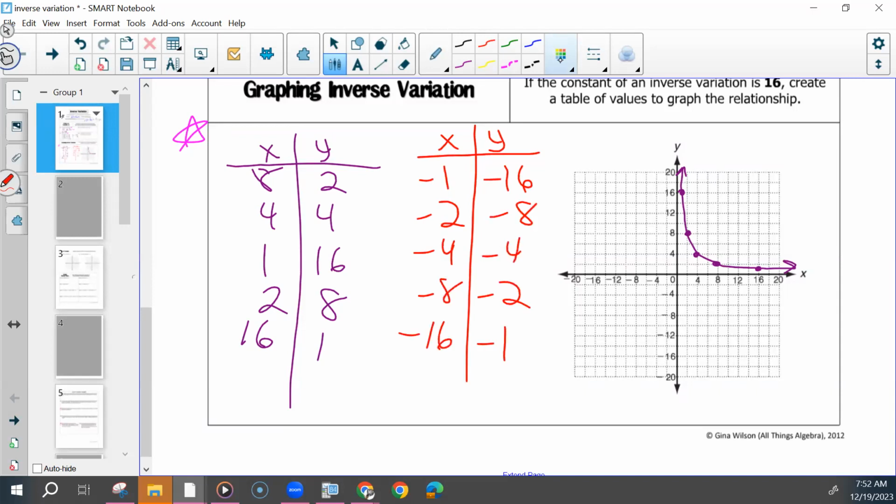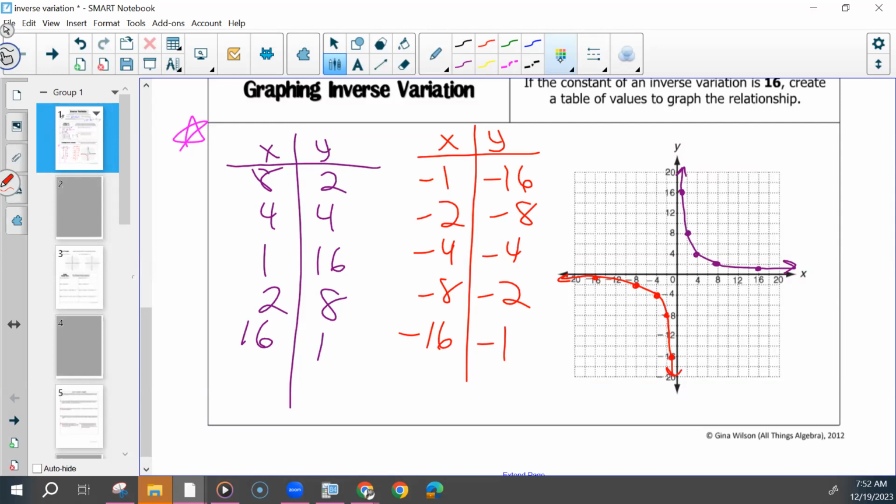And plot those points. We basically get the same thing, but on the opposite side.